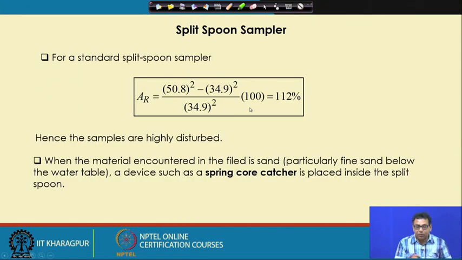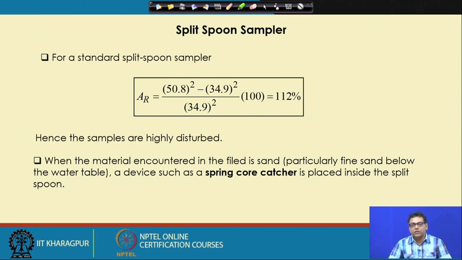So, what will be the area ratio, because the internal diameter is 34.9 or 35 millimeter and the external diameter is 50.8 millimeter. The area ratio is 112%, which is very high compared to the area ratio required to collect an undisturbed soil sample.